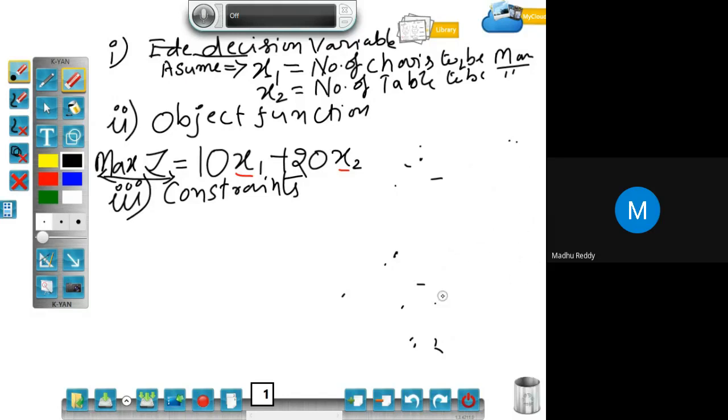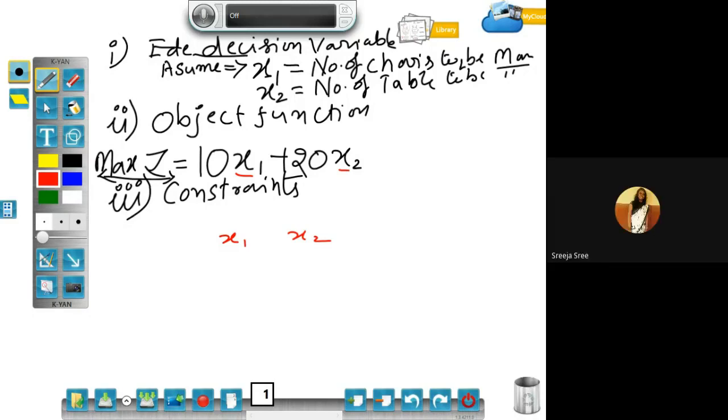You can continue like this. The people who didn't understand, please go there. Because you are already mathematical people, you must definitely understand. Here, what are we going to find out? That is the number of chairs and the number of tables, x1 and x2. We need to know what products, x1 and x2, number of chairs and number of tables.